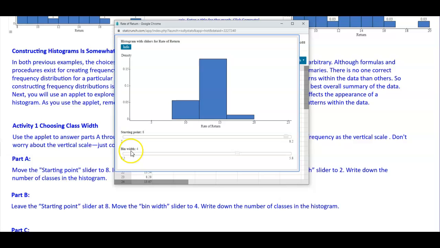So now the bin width is 4. Now it says write down the number of classes in this histogram. Well, we have one class that's going from 8 to 12, and then this class goes from 12 to 16, and then this class is going from 16 to 20. So now we have 3 because we changed the bin width.